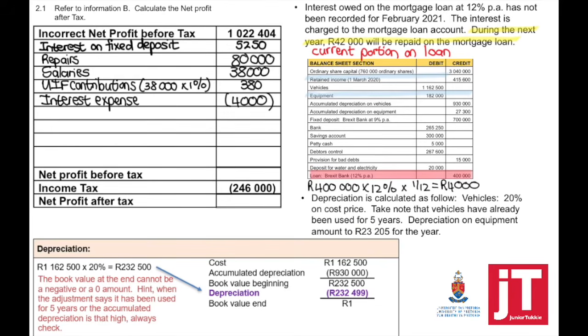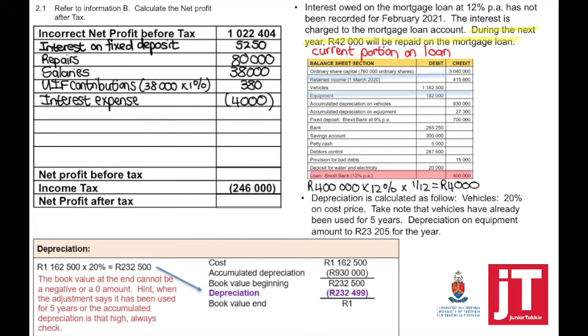That should give you an indication when you're calculating the depreciation. Always check, if I calculate the depreciation for this accounting period, will that exceed the cost? The book value at the end of the year can never be negative or zero.